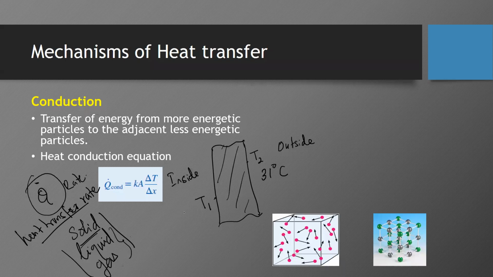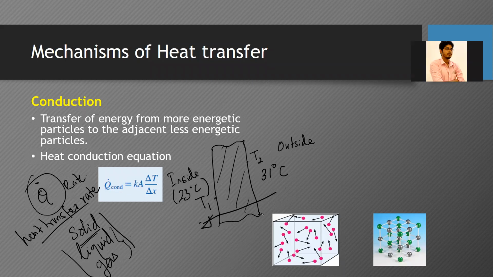Inside temperature, let's say you put an AC and keep it at 23 degrees Celsius. So as an example, heat is going to transfer from outside to inside. This is your heat transfer direction.